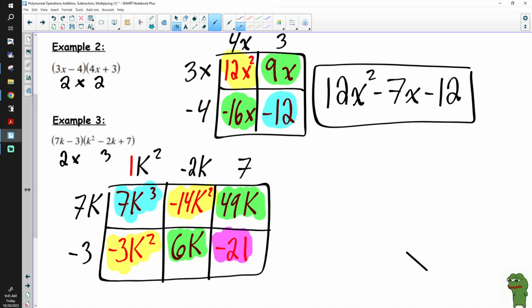Oh, negative 21. 7k to the third, yeah. Did you add these together? Oh, it's 14. Yes, now you write your final answer.